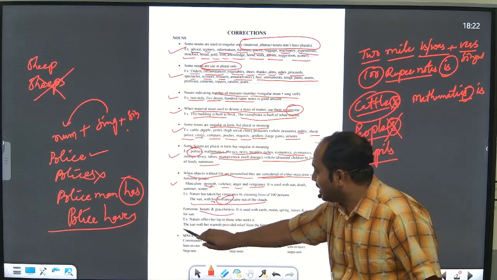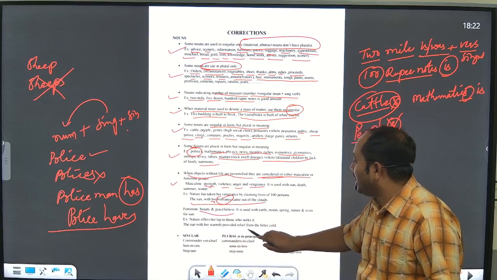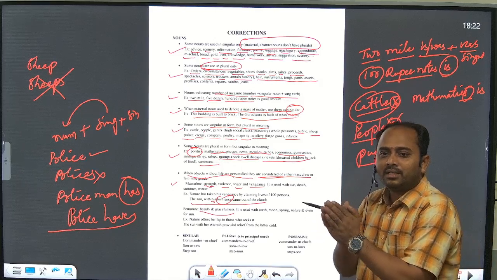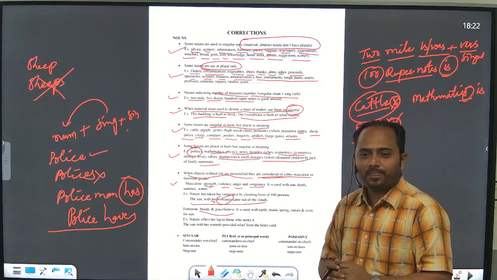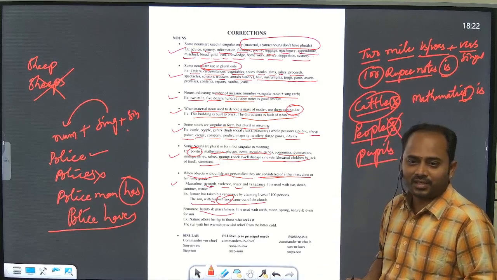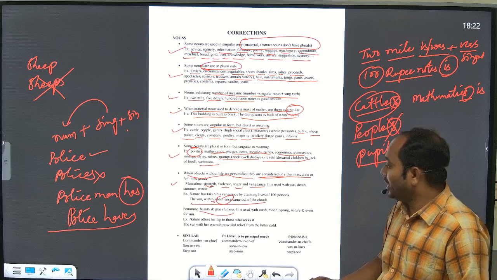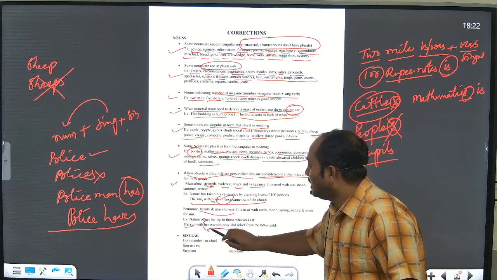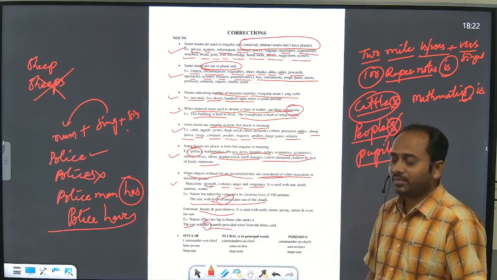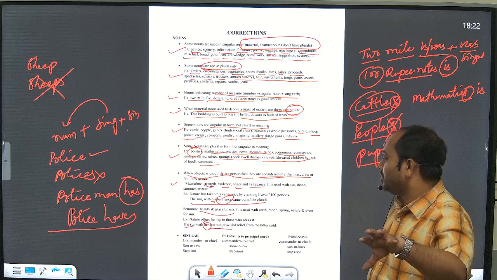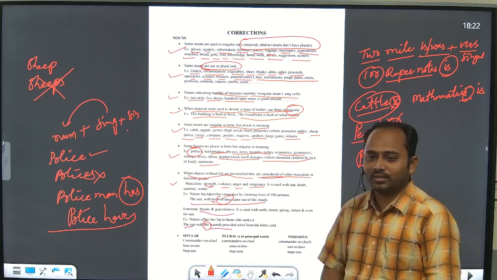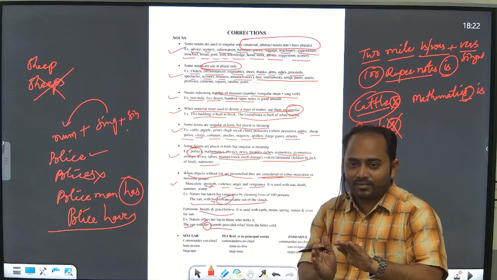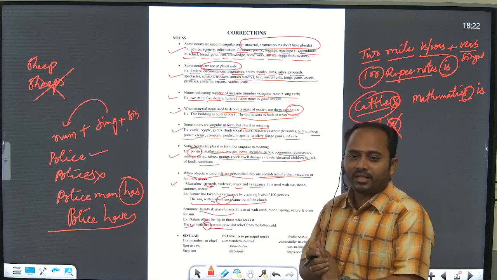See, the same sun with her warmth provided relief from the bitter cold. Now just imagine it is a winter season and the sun has come in the morning. We feel very comfortable. We feel the warmth of that. So that's the reason, though the sun is mentioned here, the gender mentioned is her. The sun with her warmth provided relief from the bitter cold. That means beauty and graceness is compared, meaning feminine gender.